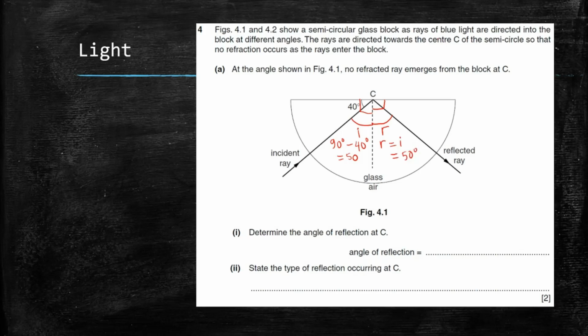So that's the answer for question 4a(i), 50 degrees. Question 4a(ii). State the type of reflection occurring at C. This type of reflection is called total internal reflection.